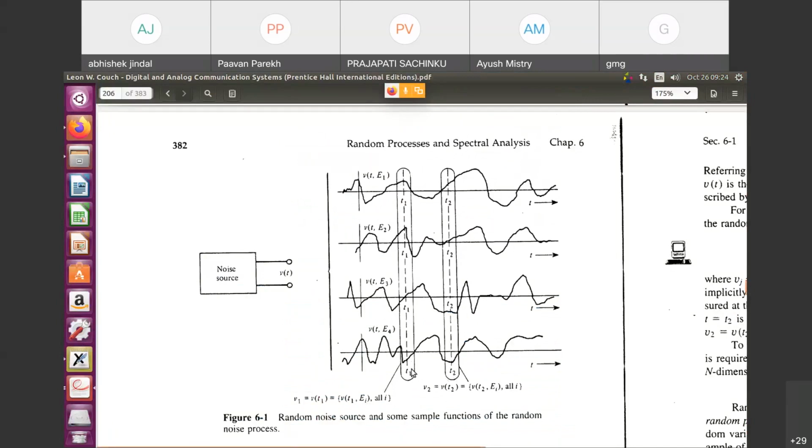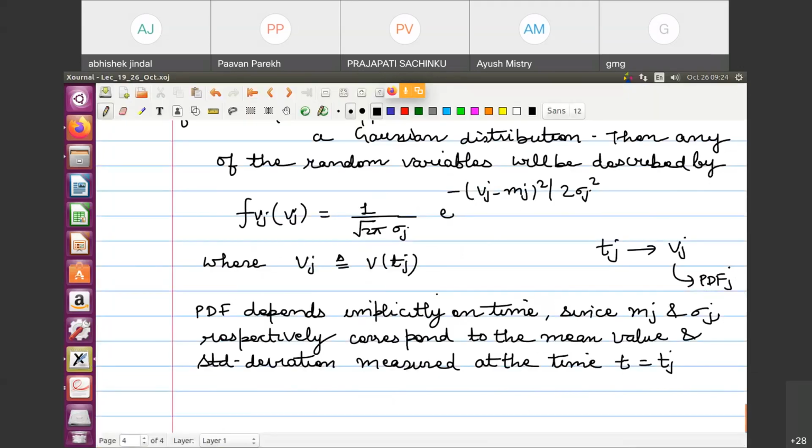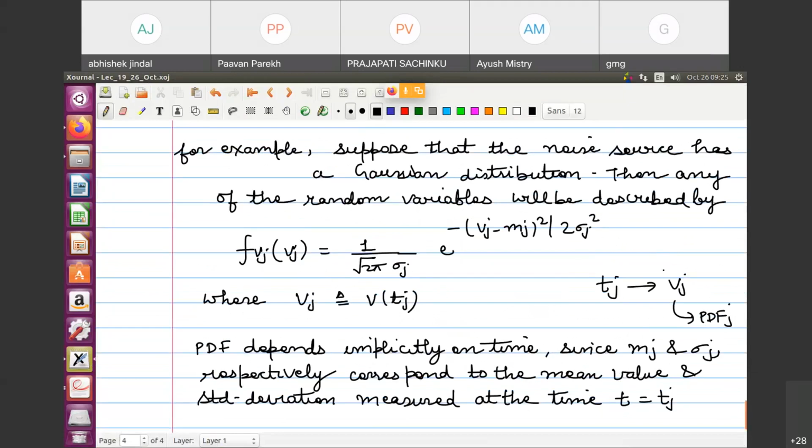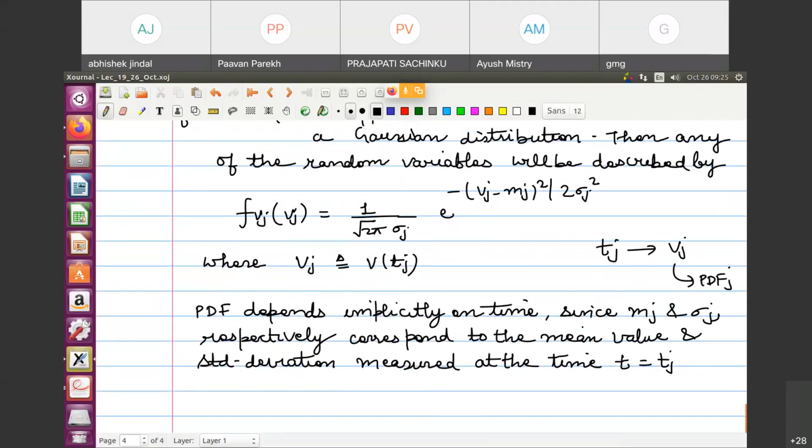So at t1, I get a Gaussian random variable with a particular mean and variance, but at t2, I will again get a Gaussian random variable, but the mean and variance can be different. Okay. So the PDF implicitly becomes a function of time in our current case. And in the general case also, because at tj we are getting one random variable, this random variable depends upon time, so the PDF also depends upon time. Okay.